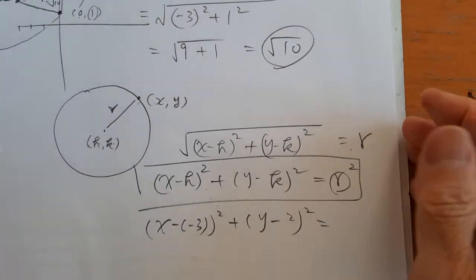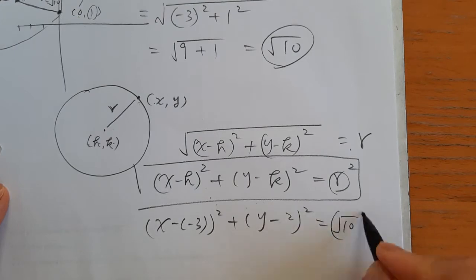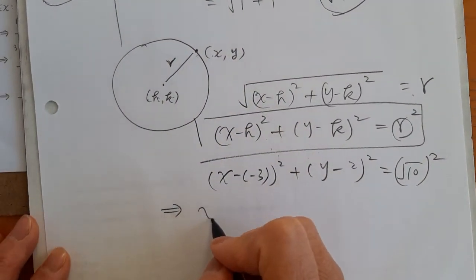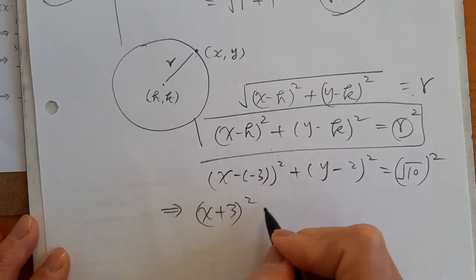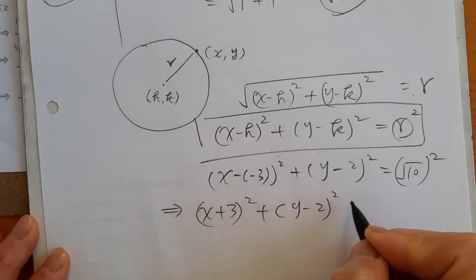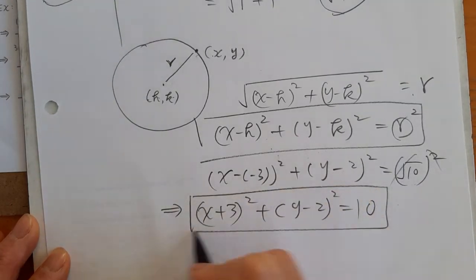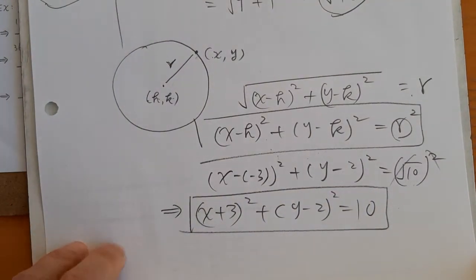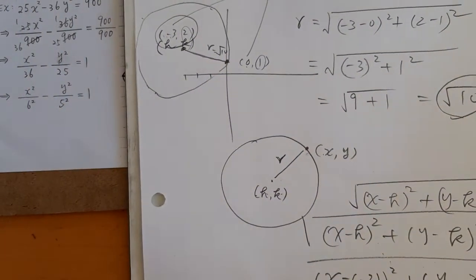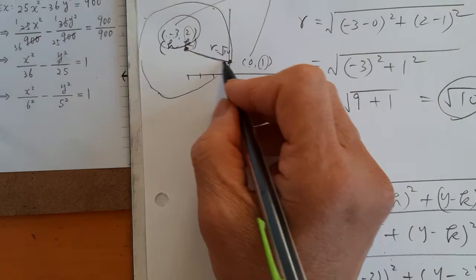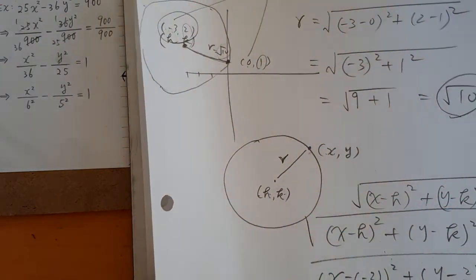Plug in the square root of 10 squared and simplify: (x plus 3) squared plus (y minus 2) squared equals 10. That is the equation of the circle, with center at -3, 2 and radius the square root of 10.